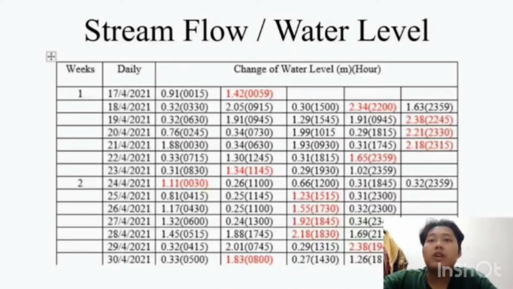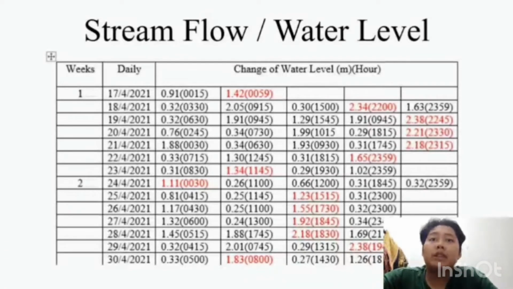So I will present about stream flow or water level data at station Sungai Langat, DPS Sungai Manggis, Kuala Langat. A hydrograph is a graph showing stage, discharge, velocity or other properties of water flow with respect to time.